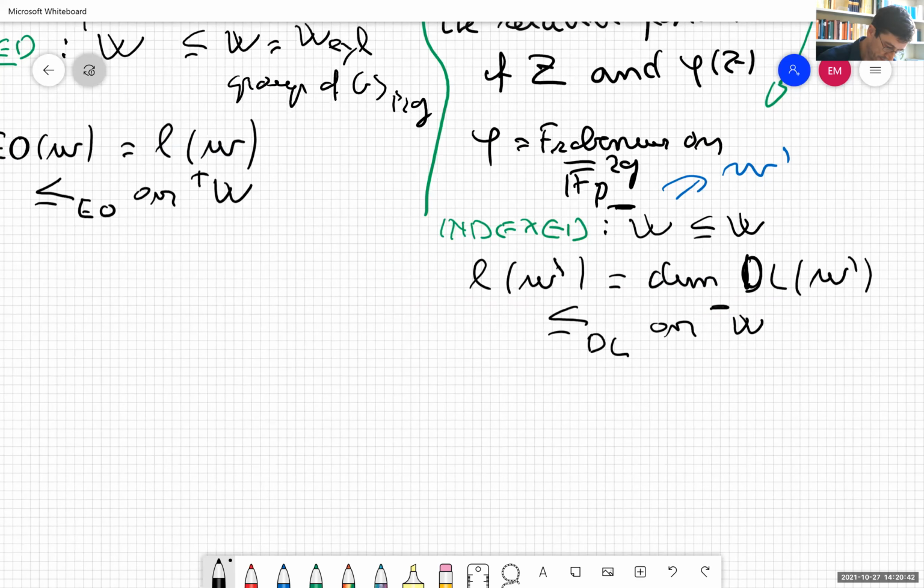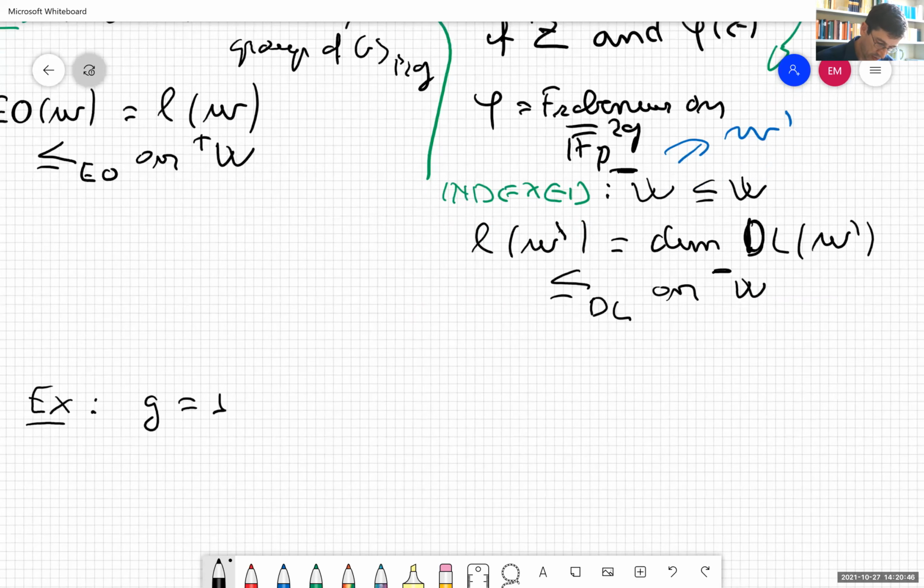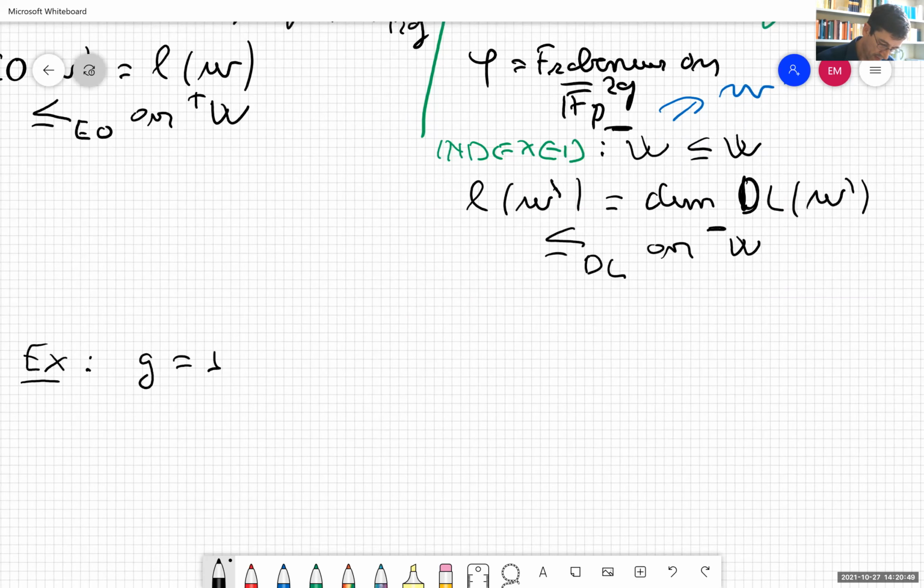Example: g equal 1. You have a modular curve. In this case, you only have two Ekedahl-Oort strata. You have a modular curve in characteristic P. You know that elliptic curves can be ordinary, and this locus has dimension 1.